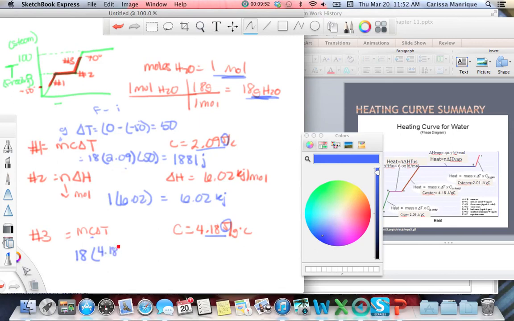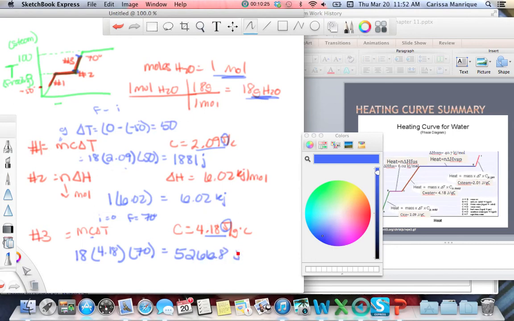And my delta T, so let's look at area 3. It starts right here and goes up to here. So my initial is 0, and my final, I'm going all the way up to 70, so that temperature change is 70. If I multiply those all out, 18 times 4.18 times 70, I'm going to get 5,266.8.